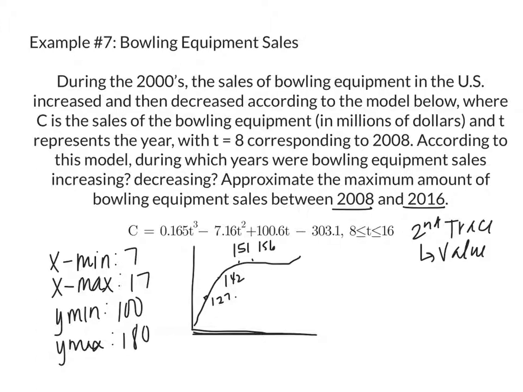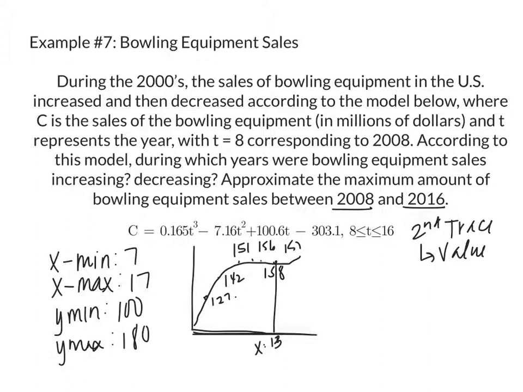Second trace value 12 this time. That value is 158, so it's still technically increasing. Second trace value, this time we're going to type in 13. And this time it's finally starting to decrease. So at 13 is where I finally start to get 157.